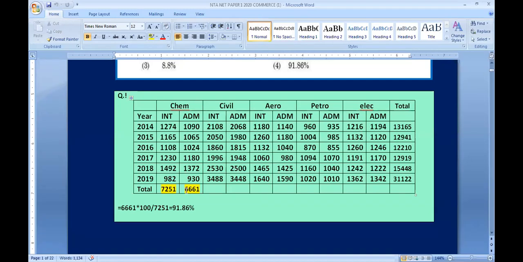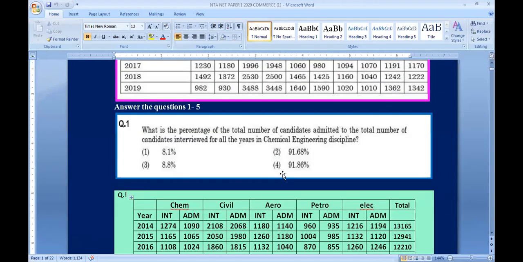People who came for interview is 7,251. People who got admitted is 661. They are asking the percentage of total number of candidates admitted to the total number of candidates interviewed.